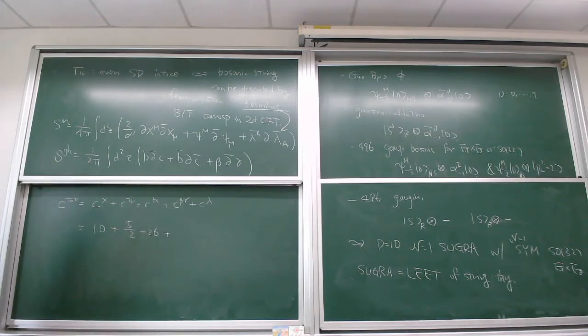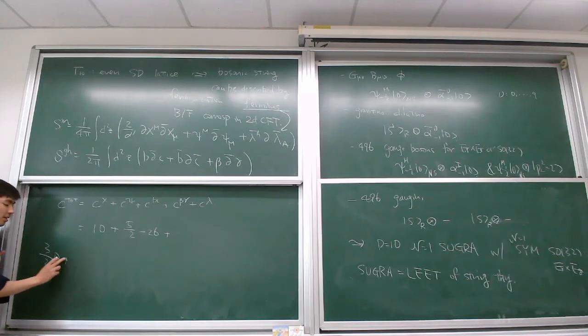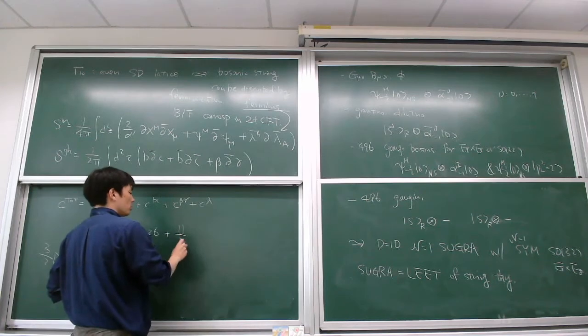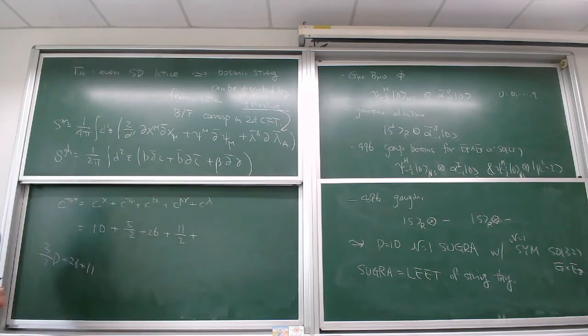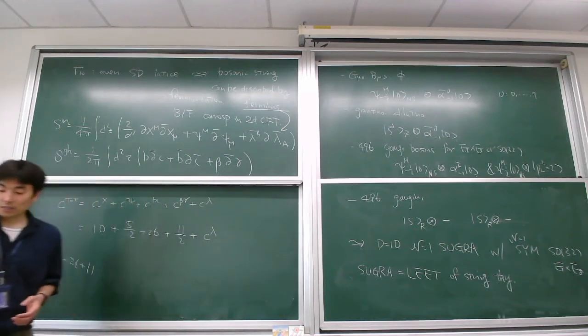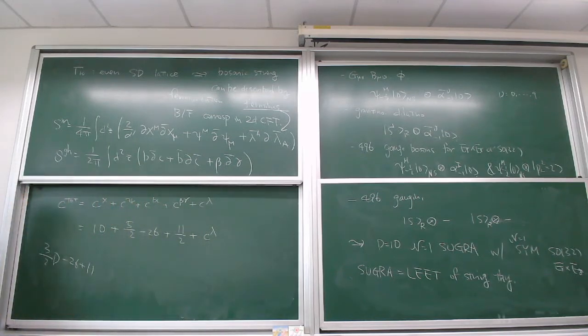For the superstring, when D equals 10 it becomes 0. So 11 is coming from the beta gamma ghost, but the only holomorphic contribution is 11/2, and then C lambda, and then the theory. In order for the theory to be anomaly free, the total has to be 0.